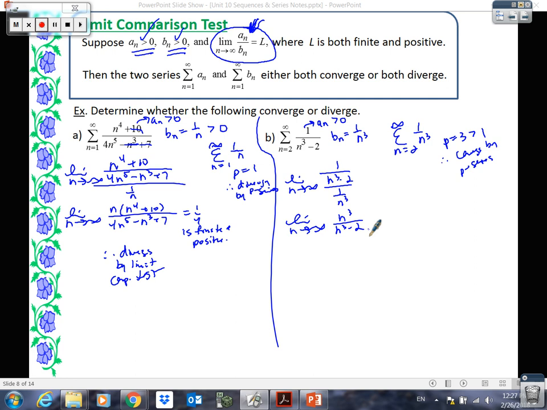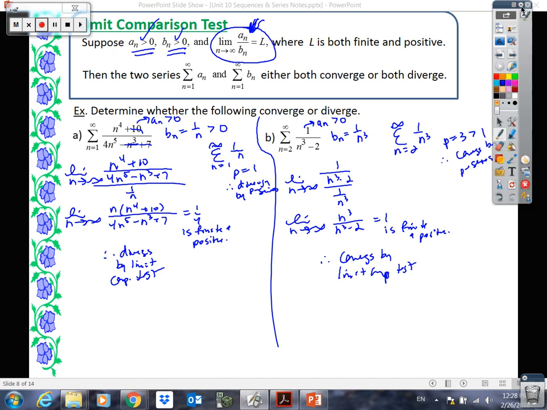And that limit would be 1, which is finite and positive. Therefore what? We converge. Therefore converges by limit comparison test. Okay, it goes hand in hand with the series that we chose. All right, how is that? Are we okay?